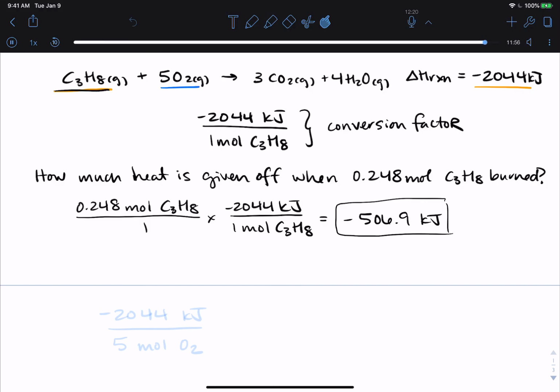So if I am only capable of measuring how much oxygen I use up, well, I know that I give off negative 2,044 kilojoules of heat for every 5 moles of oxygen I use up. And you could do it for 3 moles of CO2 produced or 4 moles of H2O produced.